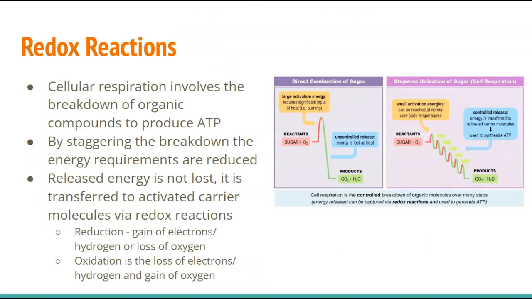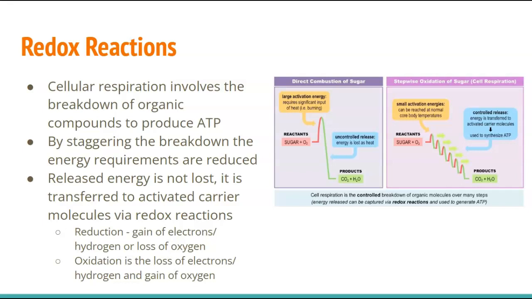So, redox reactions. This is a throwback to chemistry. You have most likely learned this already, but let's do a quick review in case you don't remember what redox reactions are. Cellular respiration as a process involves the breakdown of organic compounds to produce ATP, right?